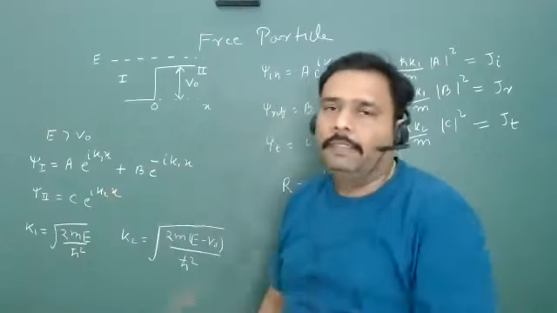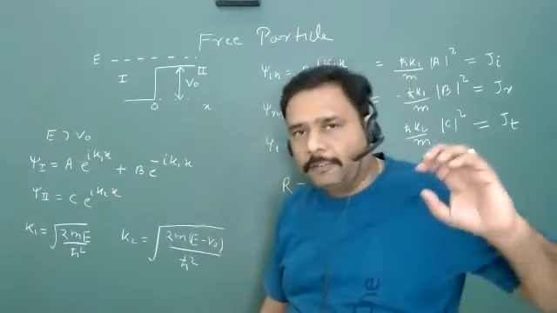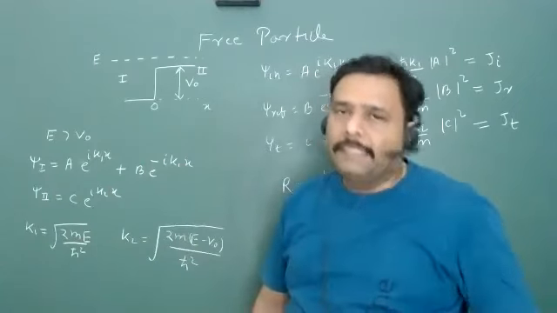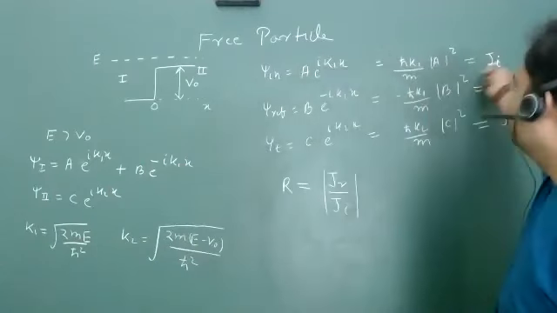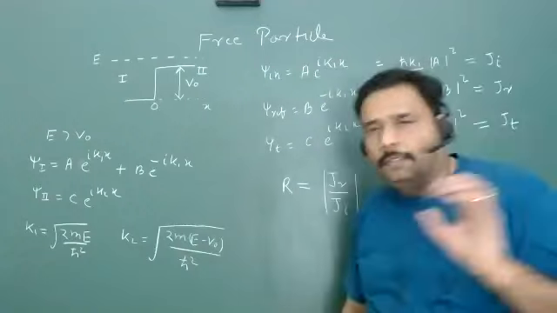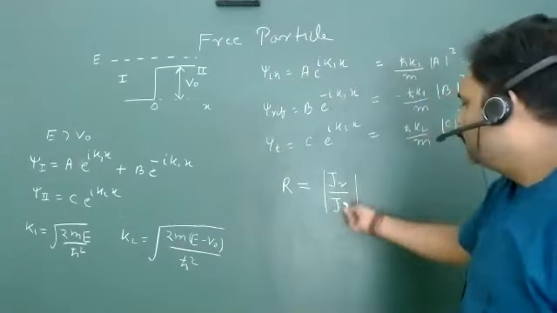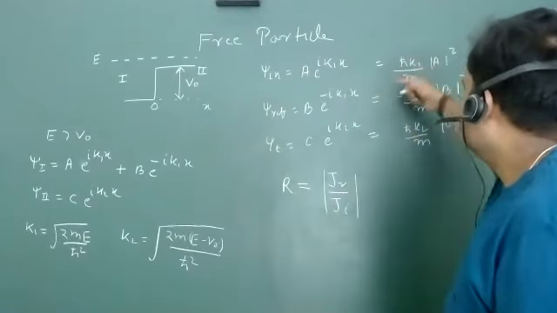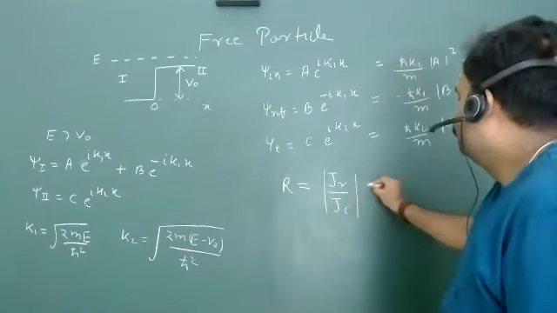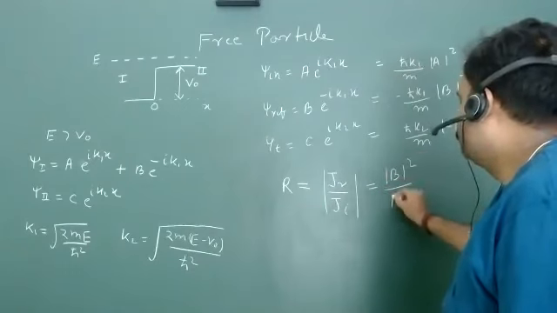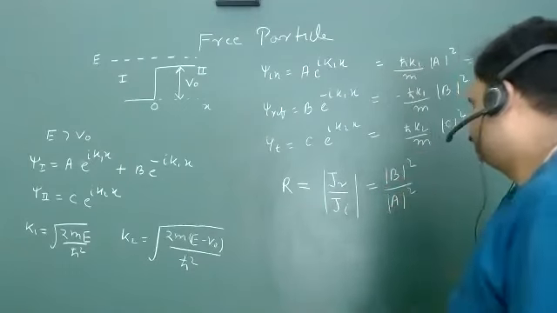With respect to the incoming wave, the intensity, I mean the current density, is what this depends on. So J R upon J I, hence this term will cancel out, and we have mod B square upon mod A square.